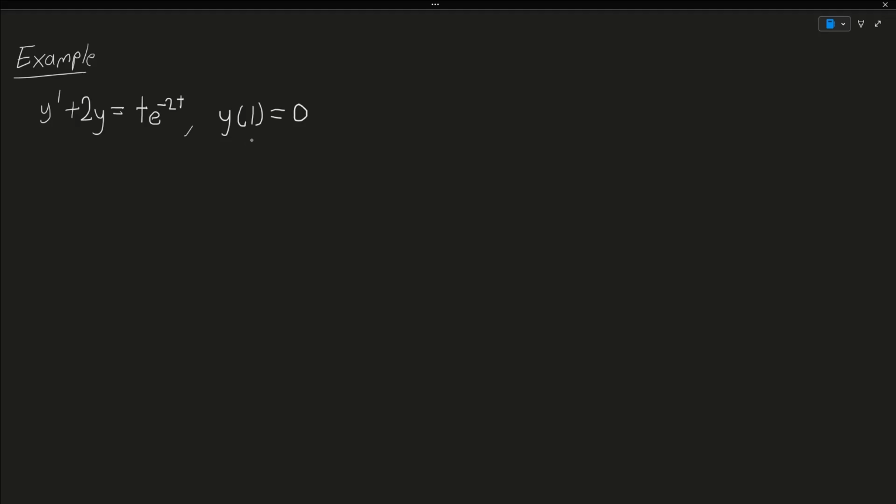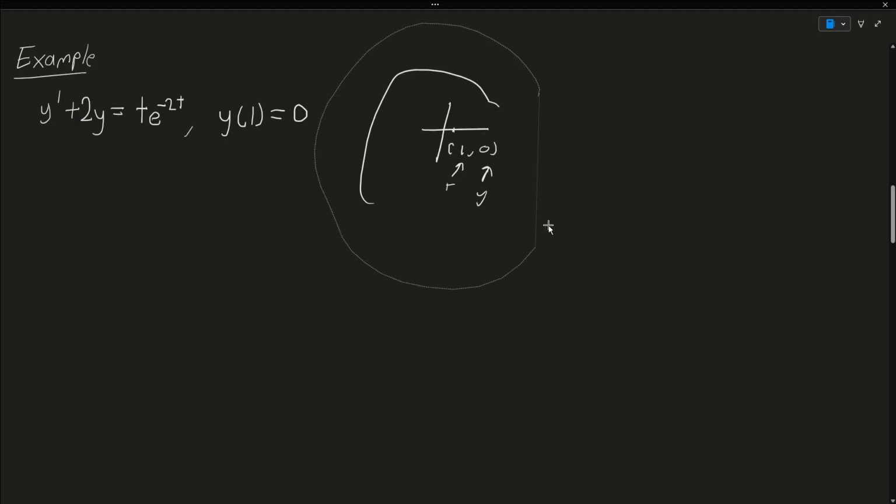What this basically means is that when our input is 1, our output is 0, or in Cartesian coordinates, our point would be (1, 0), with 1 in terms of t and 0 in terms of y. So this is a representation of a point in the graph of this function.